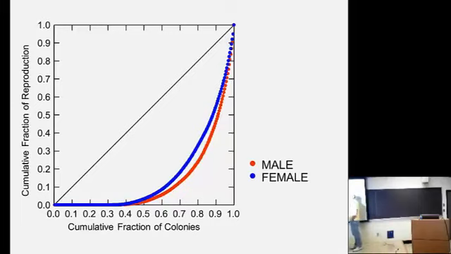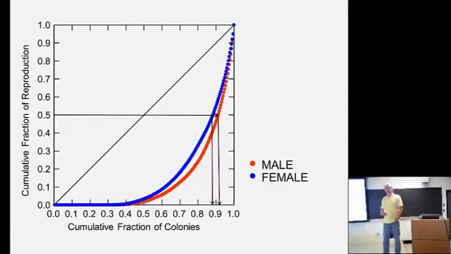There's a lot of variability among colonies in how much they reproduce. 45% of the colonies don't reproduce. And importantly, half of the reproduction of the population is due to something like 10% of the total colonies.